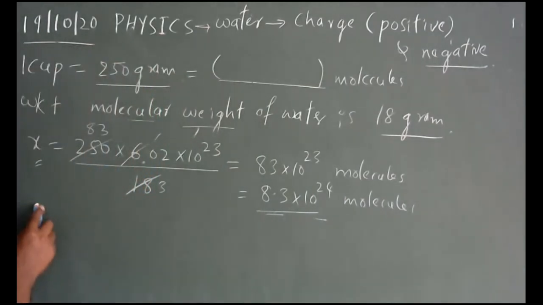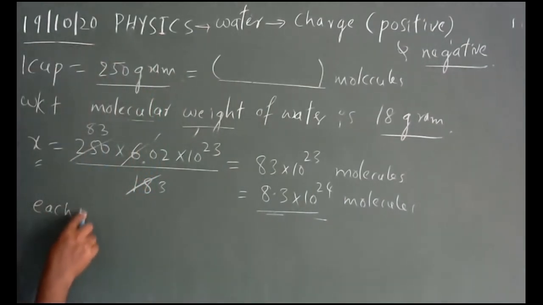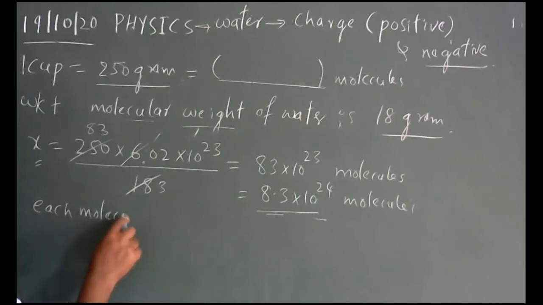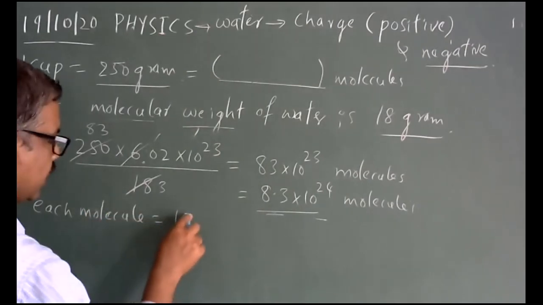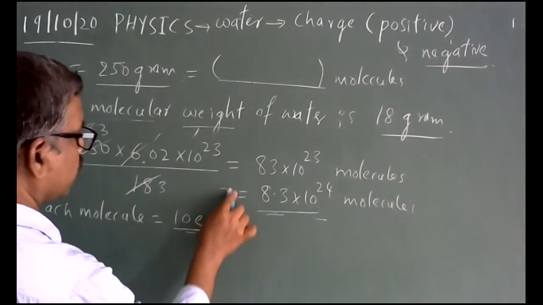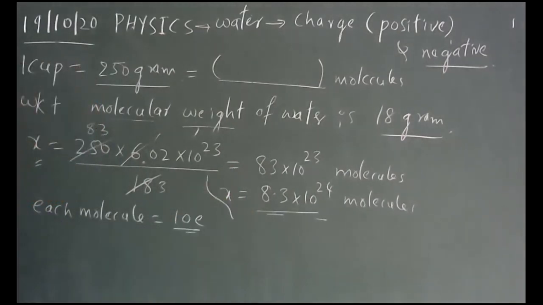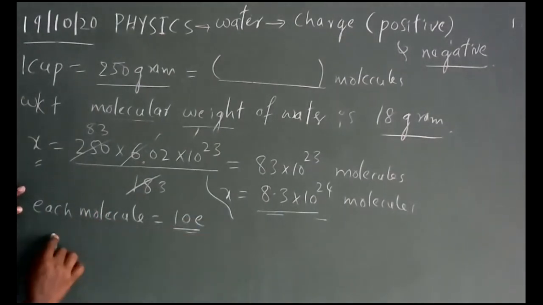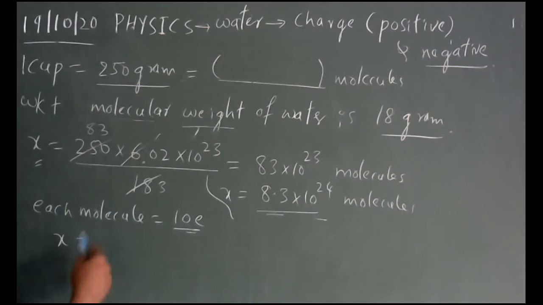Now, as I said, each molecule equals 10 electrons. So I have the total number of molecules as X, and I need to multiply by 10. X times 10 is equivalent to the total negative charge.